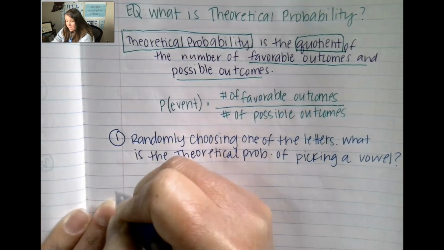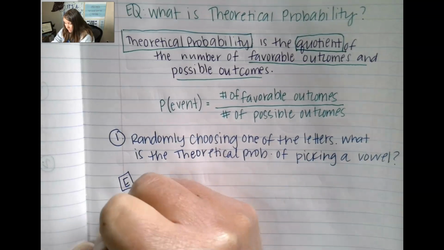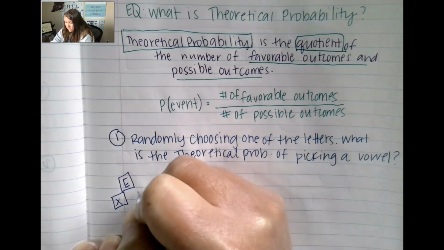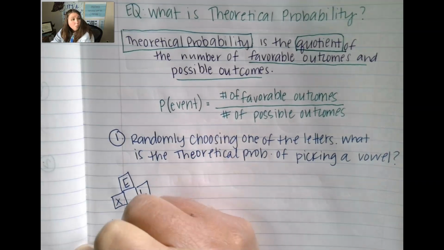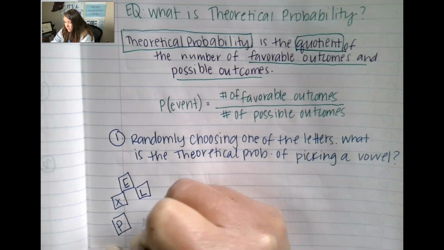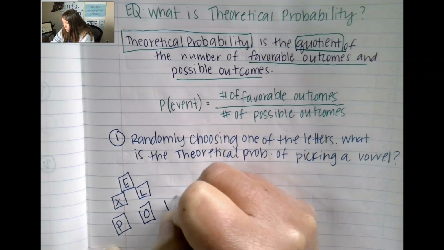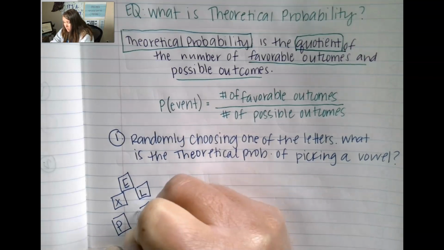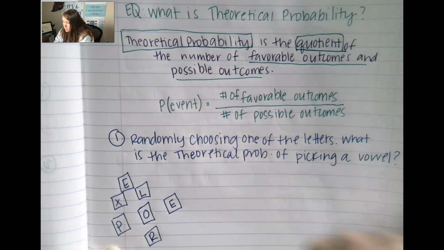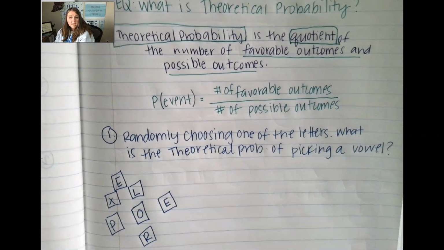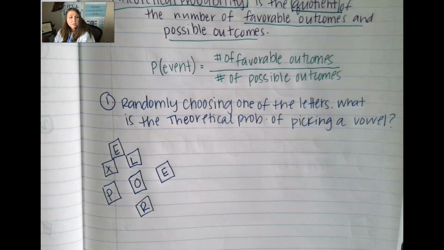Okay, let's look. We have an E, and we have an X. They have another tile that has an L, one that is a P, one that's an O, another E, and an R.